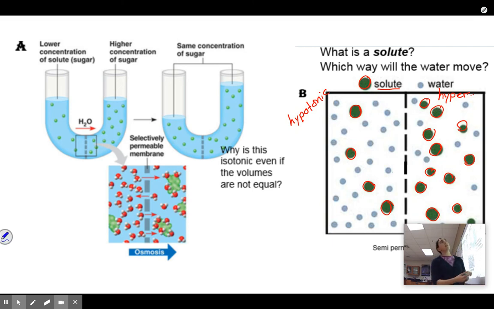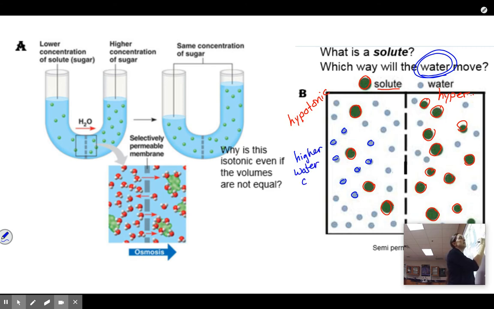But the question here asks us about the movement of water. So you do need to read the questions carefully. A lot of times the solute, in this case these big particles, can't get through this membrane. Only the water can. And if you look at the water particles, there's a lot more water on the left than there is on the right. So here we have a higher water concentration and a lower water concentration here.